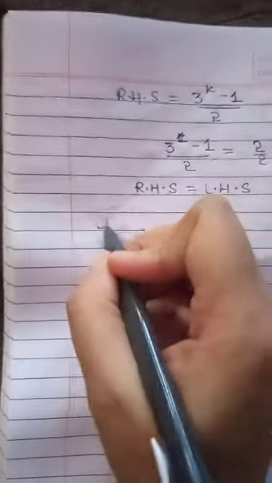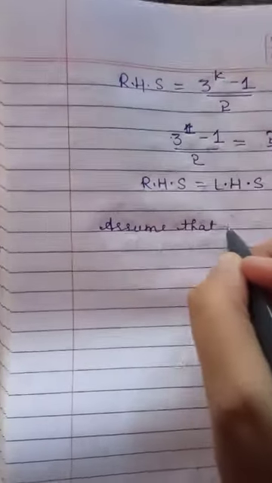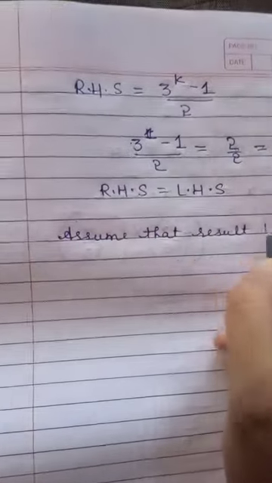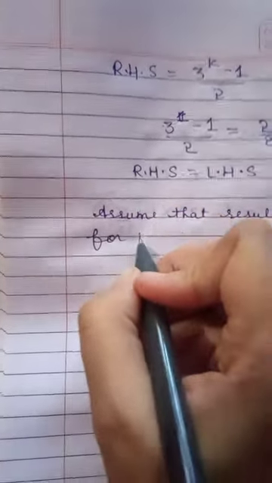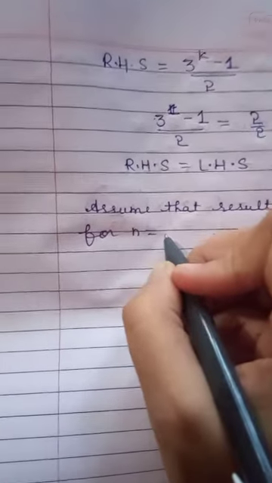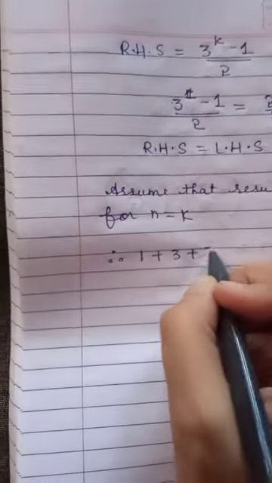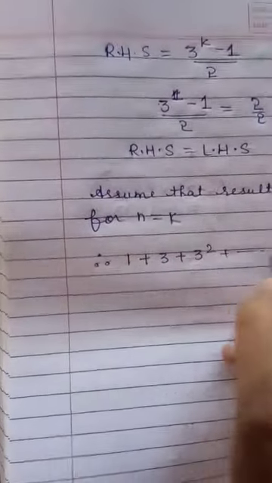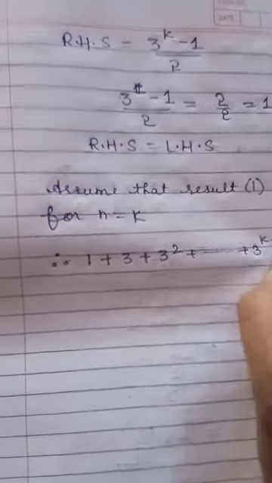Then assume that the first result is true for n is equal to k. Therefore 1 plus 3 plus 3 squared plus ... plus 3 raised to power k minus 1.